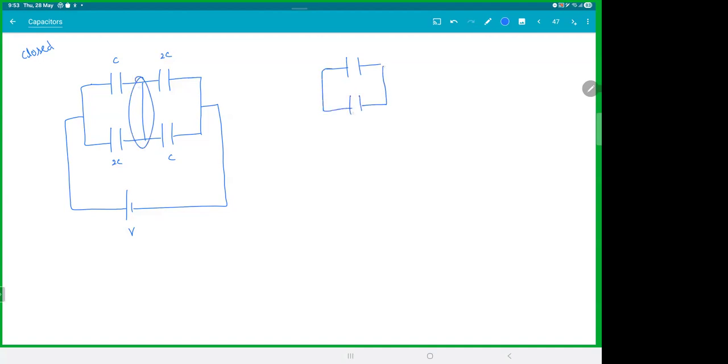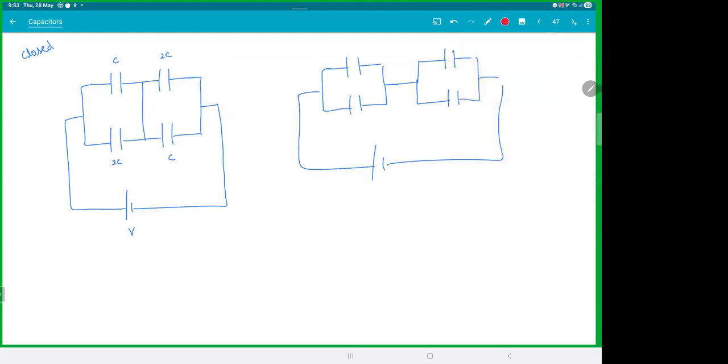And can I just draw it like this? Do you agree both are still the same? That entire wire in the middle becomes like this. This is C, this is 2C, this is 2C, and this is C.